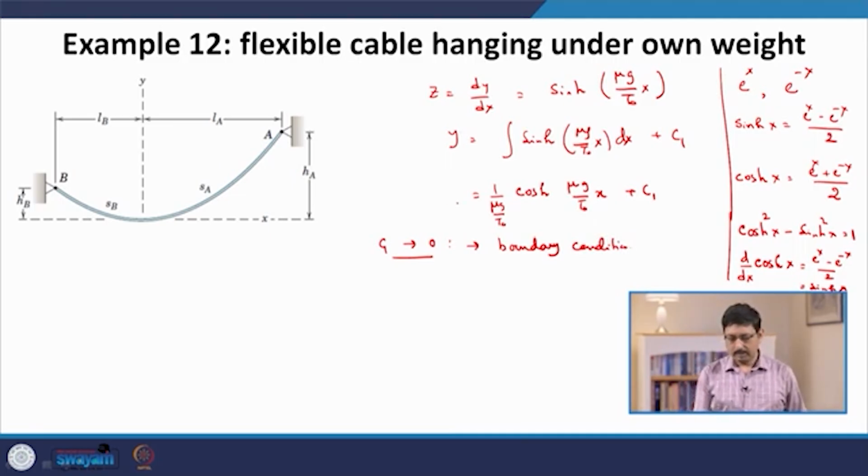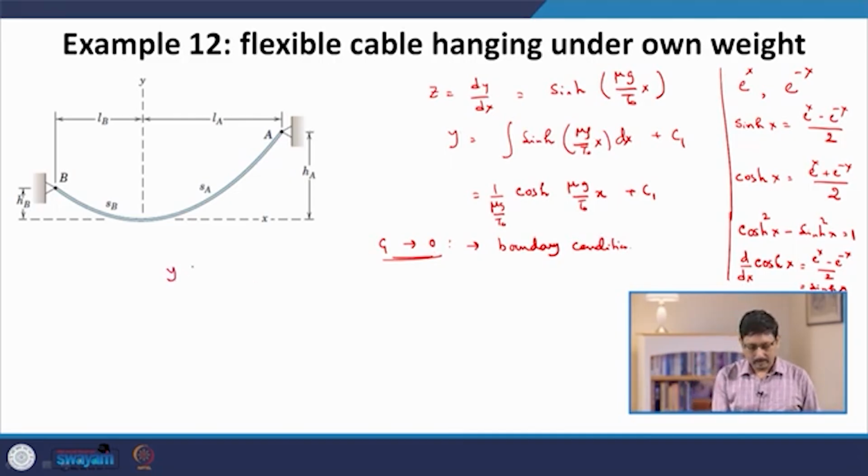Note that C1 has the dimension of the vertical height y, so it represents some sort of height. We are going to choose C1 to be 0, because this basically tells you the vertical position of the origin. This makes the equation simpler. So, we choose C1 to be 0.